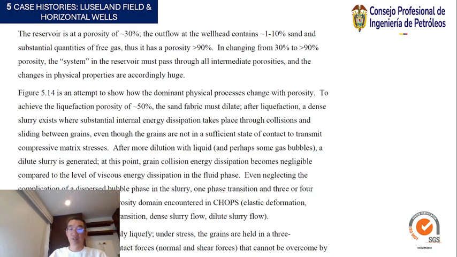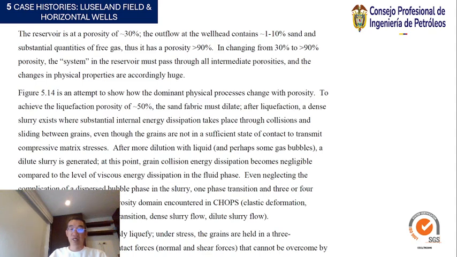Elastic deformation, plastic deformation, the phase transition, then slurry flow, then dilute slurry flow. Sands do not spontaneously liquefy under stress.